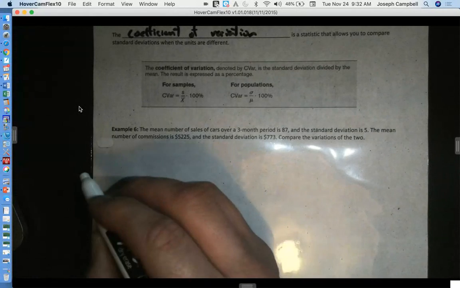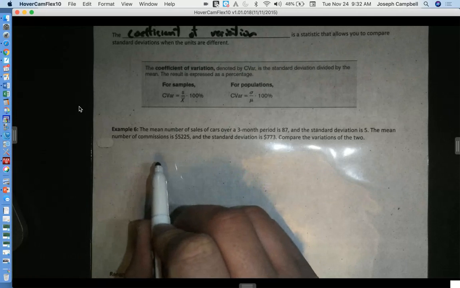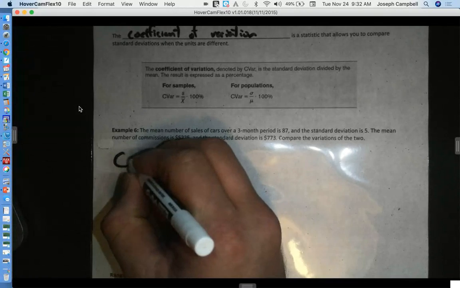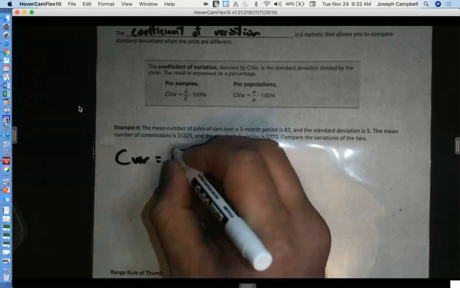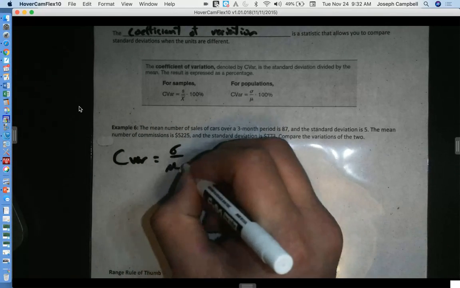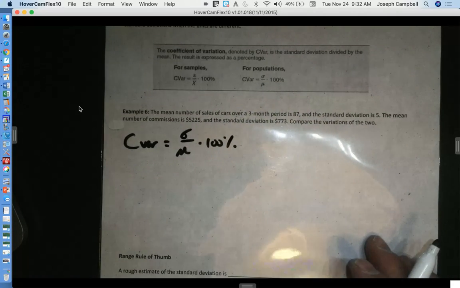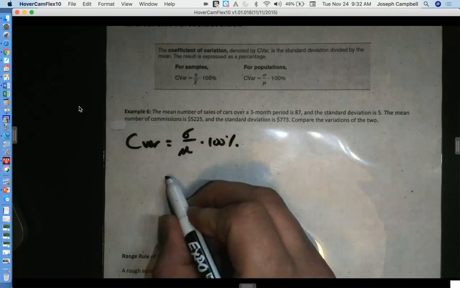So let's find the CVAR. It shouldn't really make a difference since we already have the standard deviation. We're going to call this CVAR for population. It's always nice to write the formula again. Multiplying by 100% is kind of silly since we all know how to interpret decimals.